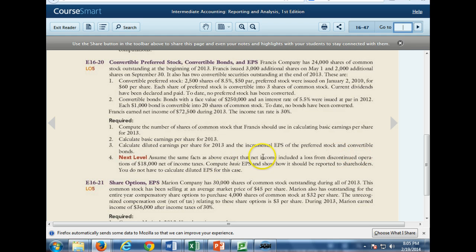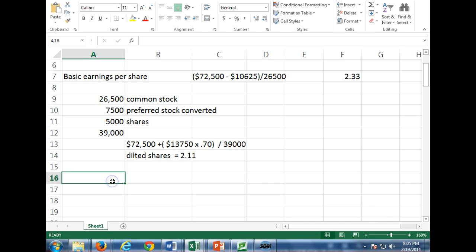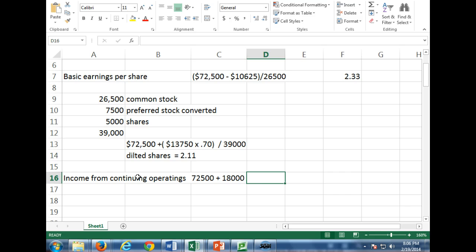This is a little tricky. If the income is really $72,500, and that included a loss, what really is the net income before the loss? $90,500. Do you see what they're trying to get at? The real income from continuing operations would be the $72,500 plus the $18,000, which is $90,500.